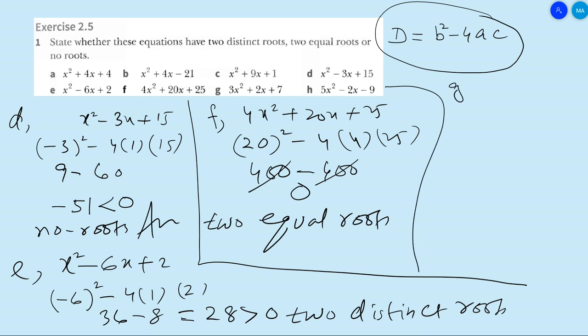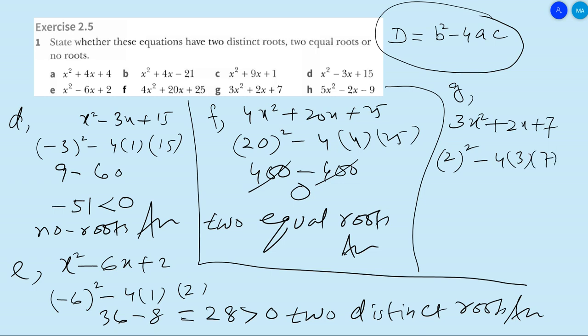Now come to part G. This is the answer of part F. This is the answer of part E. Part G is 3x square plus 2x plus 7. So b square, 2 square, minus 4ac. 2 square is 4, 4 threes are 12, 12 sevens are 84, and 4 minus 84 is minus 80.